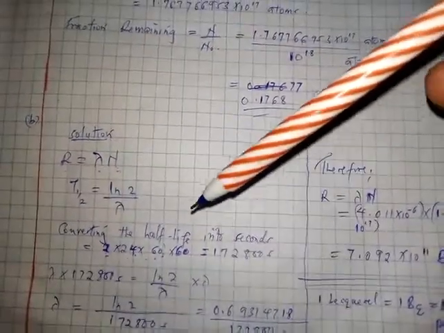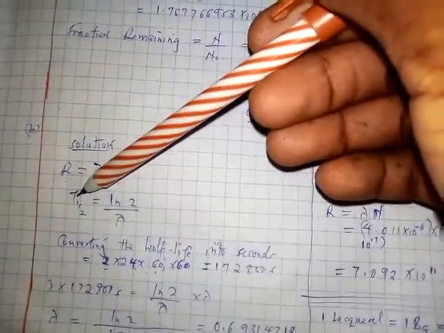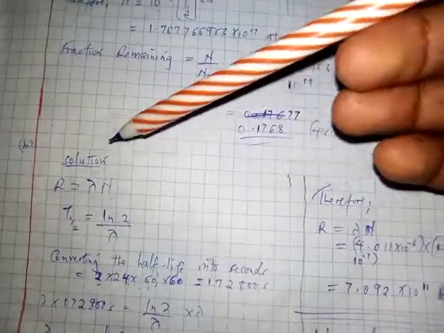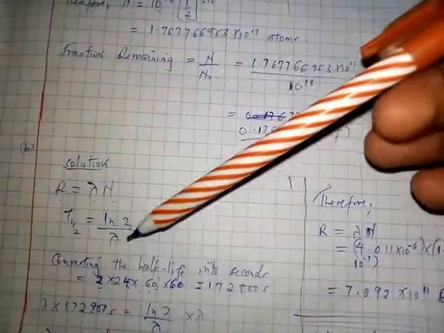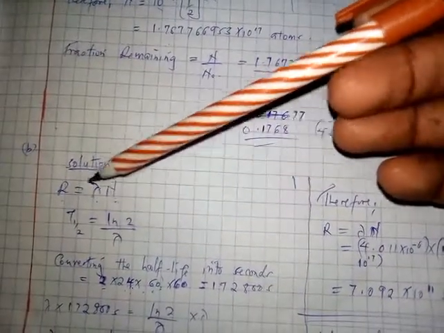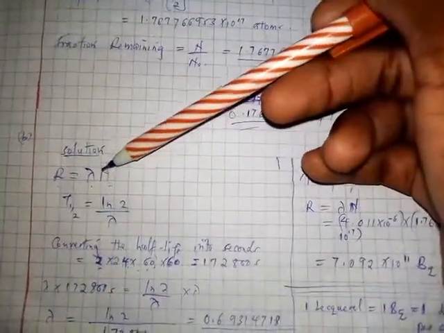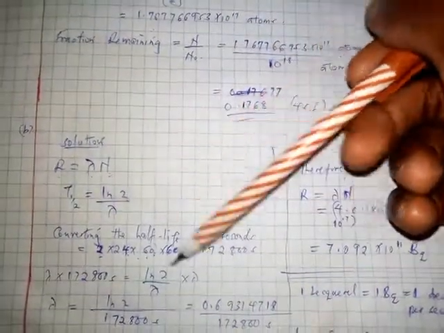Since you have been given the half-life, and we want to use lambda in the first formula, we apply this relation and we get the final answer.